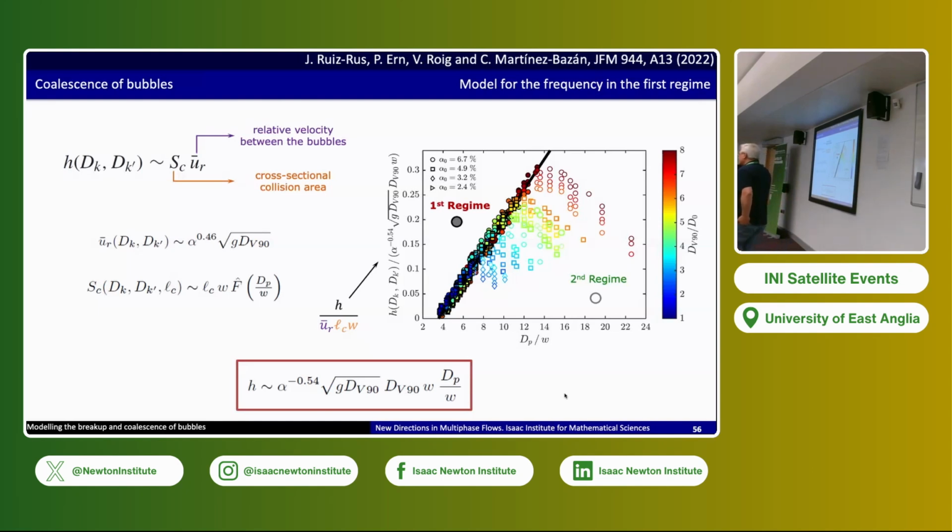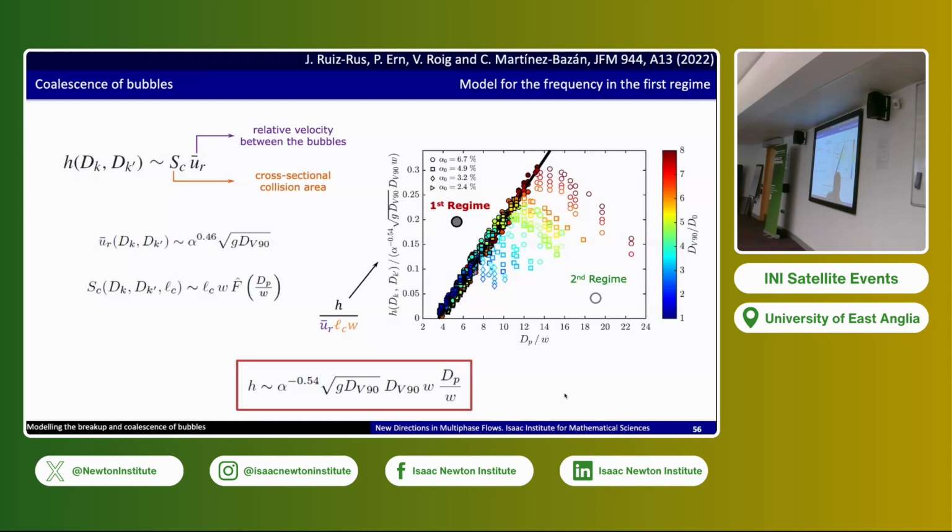Do you think that if you try to apply the model in 3D, it will be qualitatively similar, or maybe just changing some coefficients, or is it very different? It's different, but I personally believe that we can apply the ideas. Obviously, the coalescence efficiency will go down quite a lot, and it's probably a function of the size of the bubbles, because in our case, the bubbles just collide and they cannot escape.